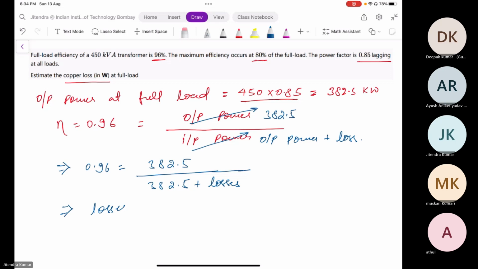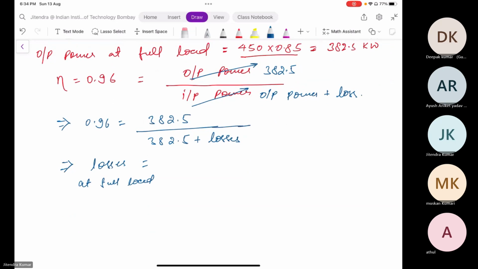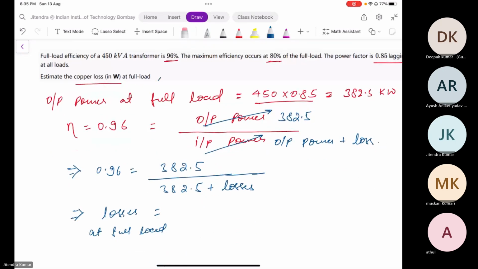Please compute it for me at full load. 28.79 kilowatt.